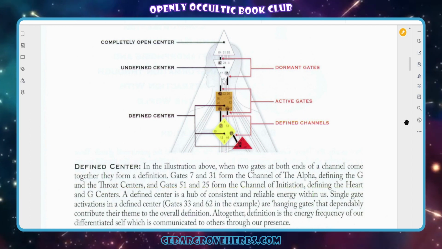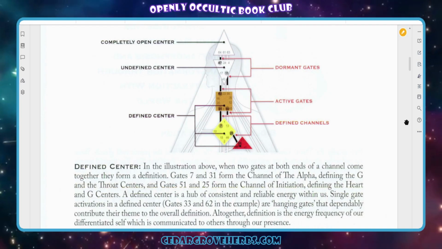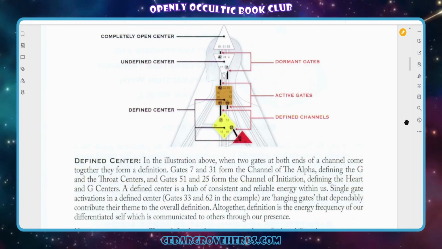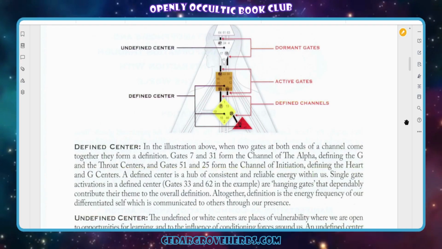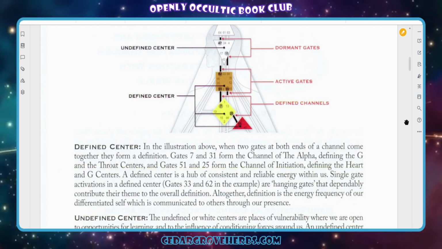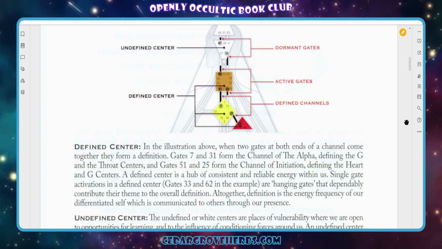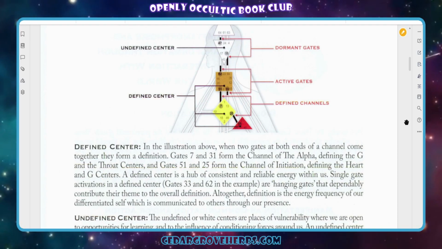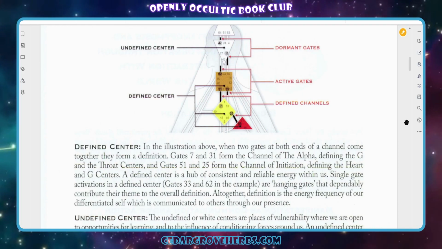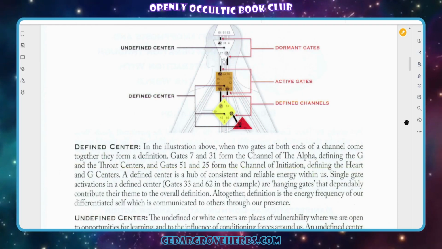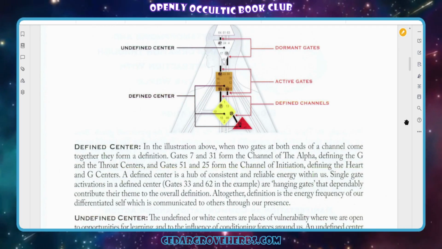A defined center is a hub of consistent and reliable energy within us. Single gate activations in a defined center, such as gate 33 here in the throat center, the brown one, gate 33 and gate 31, these are defined.